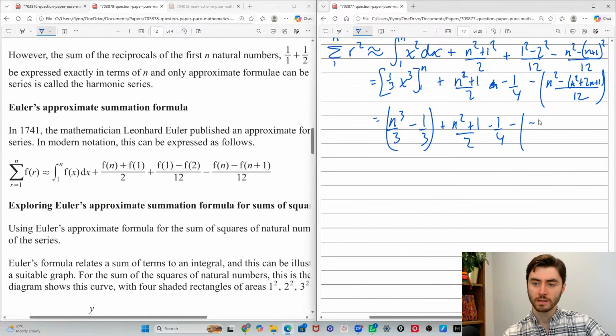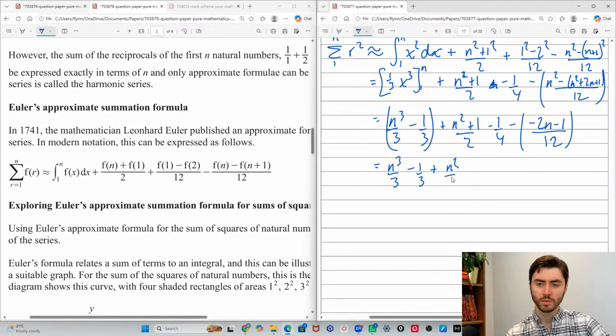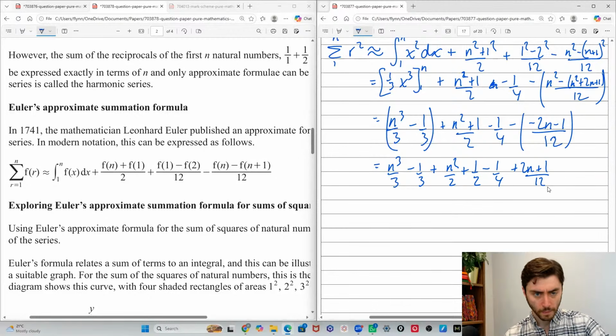We get minus 2n minus 1 all over 12, being really careful not to do a sign error. So that's n cubed over 3 minus a third plus n squared over 2 plus a half minus a quarter plus 2n plus 1 over 12.